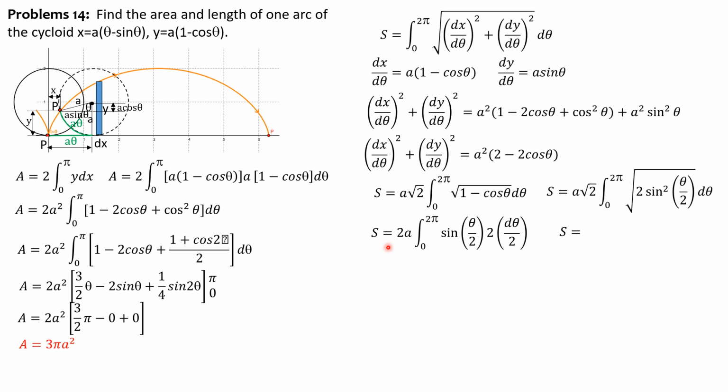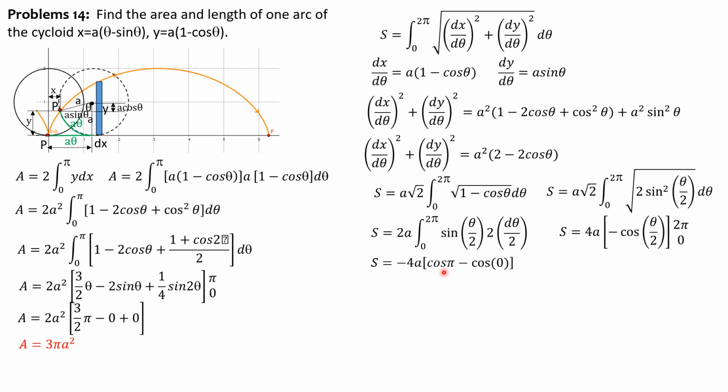So s equals 4a times negative cosine theta over 2 from 0 to 2 pi. So that would be negative 4a times the quantity cosine of 2 pi over 2, which is pi, minus cosine of 0 over 2, which is cosine of 0.